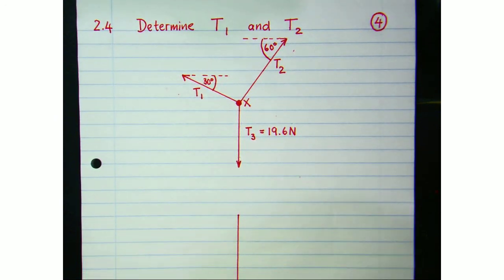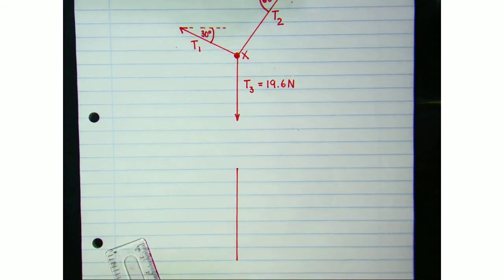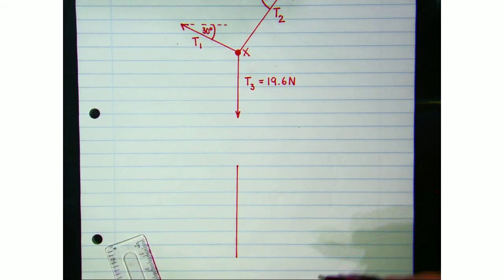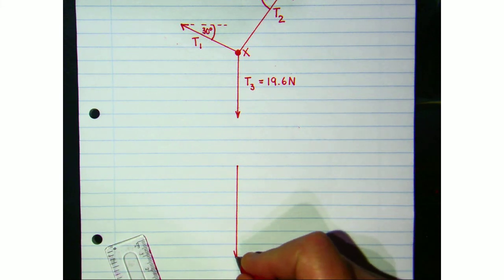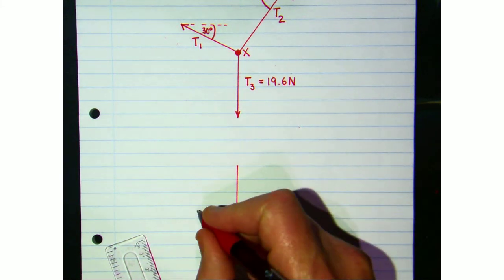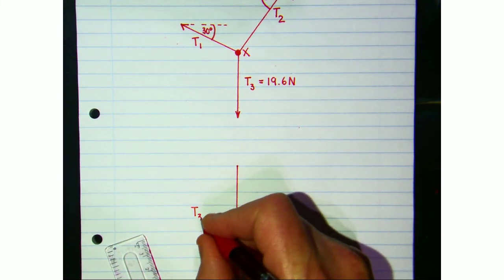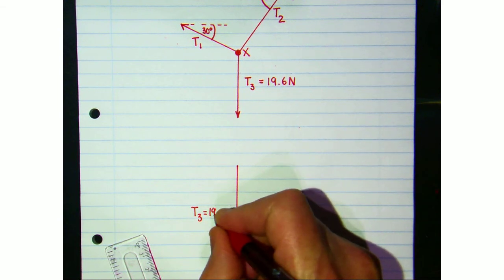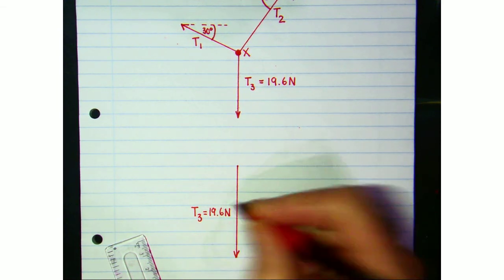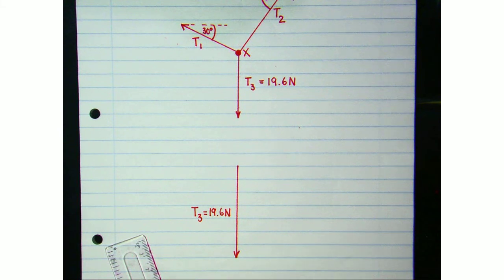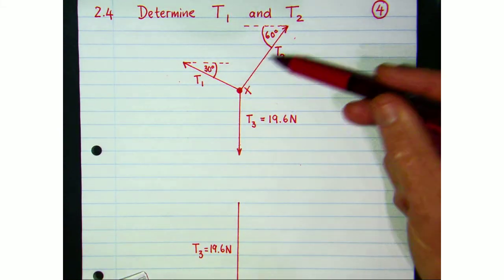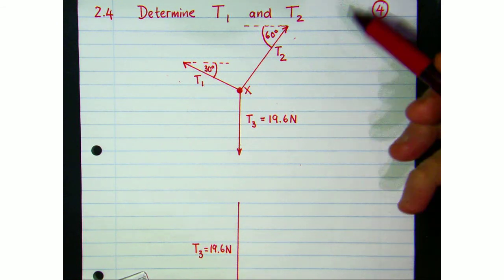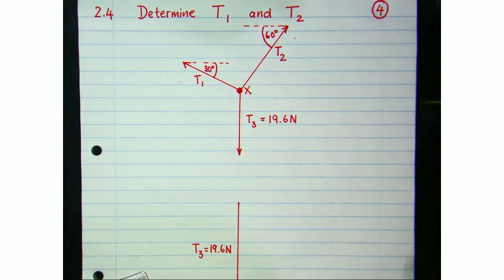When I apply this law, I like to draw the vertical forces first. The only force in the vertical plane is T3. So I draw that down my page and label it as T3. We know its value. Then I can take either of the other two forces. I choose to take T2 first.